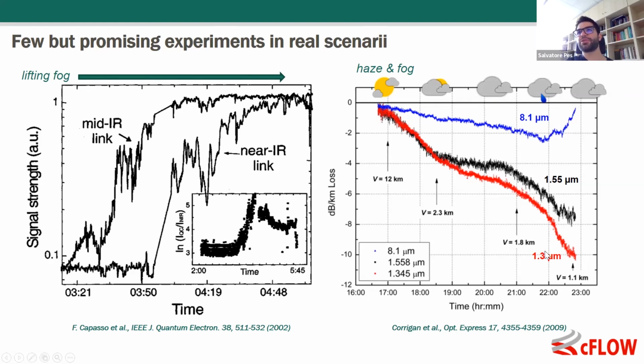You don't see that at the shorter wavelengths because they are scattered and diffracted by the smaller particles that are not washed out by the rain. So we don't have the same effect on the smaller wavelengths. It is quite interesting because rain seems to have a good impact on the longer wavelength. It's counterintuitive, but it seems to be the case.